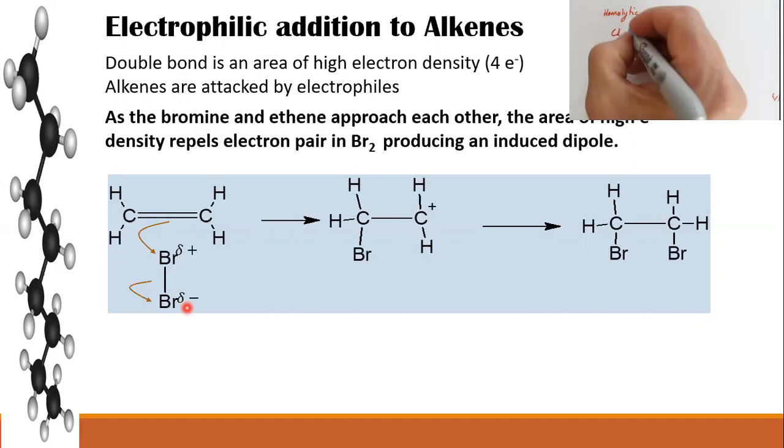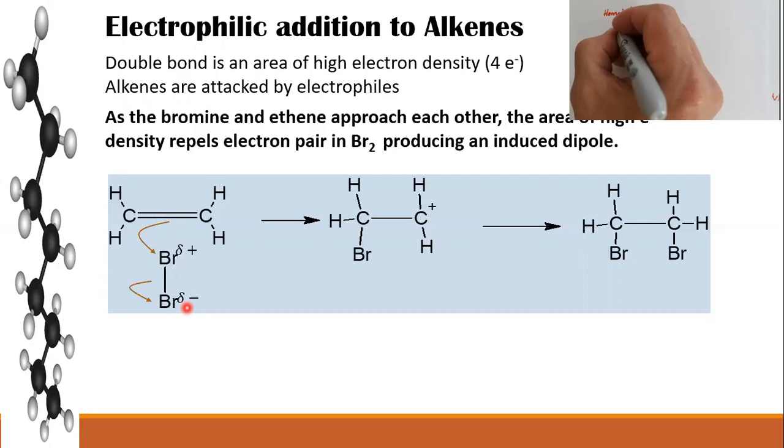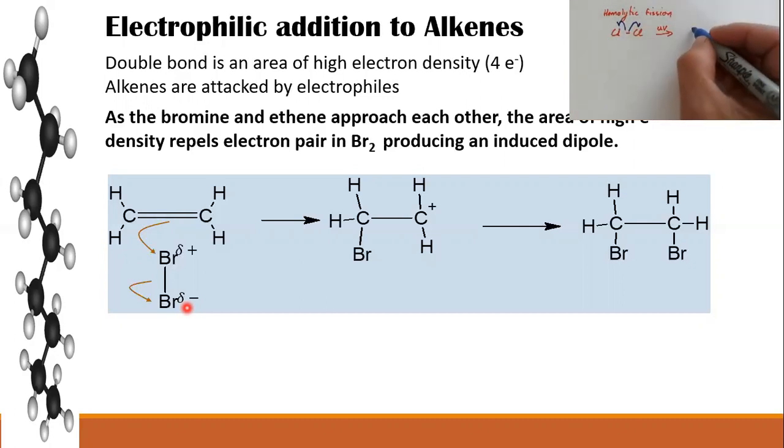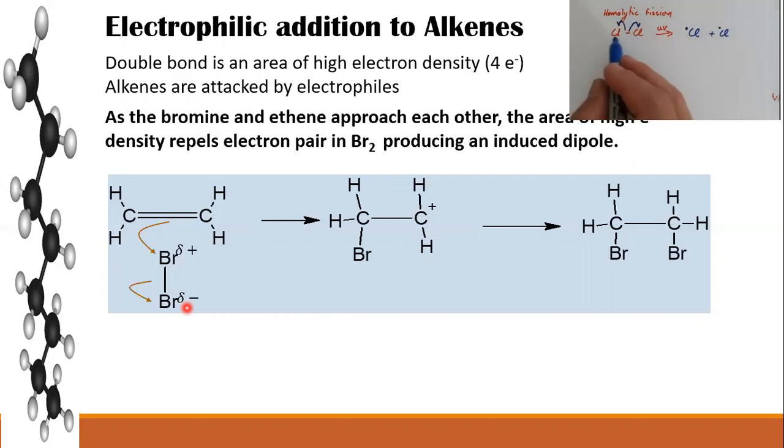And look at my arrows. It is curly arrows with half arrows. And what does it produce? It produces a free radical plus a free radical. So homolytic meaning each one of the atoms gets a part of that shared electron.